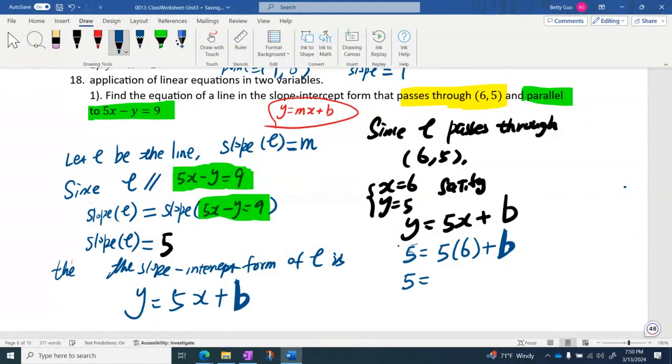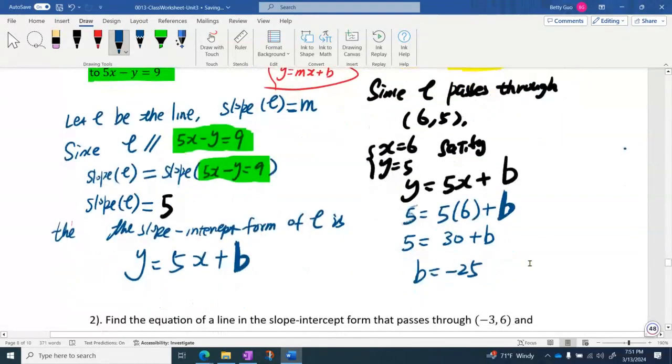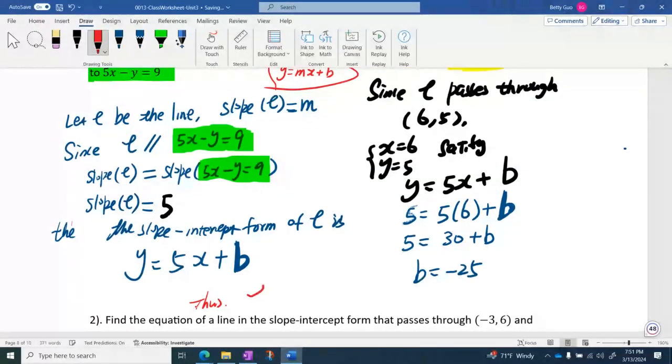So 5 times 6 is 30 here. And what's the value of b? b has to be negative 25 in order to satisfy the equation. So b equals negative 25. The slope-intercept form of the straight line L is y equals 5x minus 25.